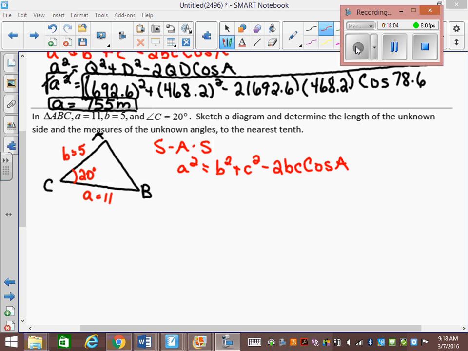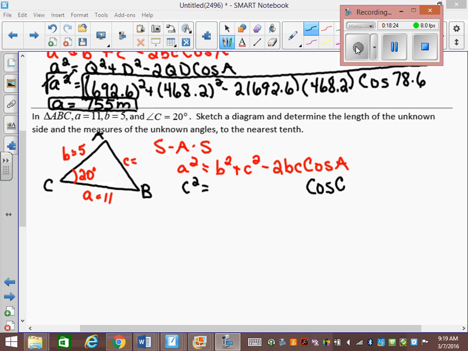So we're looking for actually side C. I don't care if they ask me to find A or B angle. I have to find side C. Okay? So if I'm looking for C, then this becomes C squared, and this becomes cos C. Because those two always match. And then these are just the other sides.